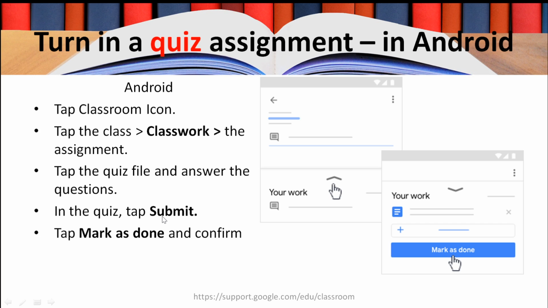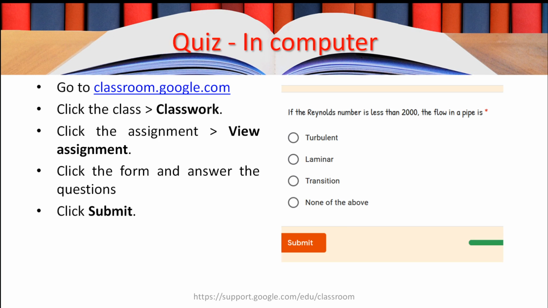Tap the Submit button and again you will come back to Google Classroom, Mark as done. Click on Mark as done. Then only it will be completed when you are attending a quiz assignment using Google Classroom. So please be very careful while submitting a quiz assignment. It is slightly different from the submission of an offline assignment.